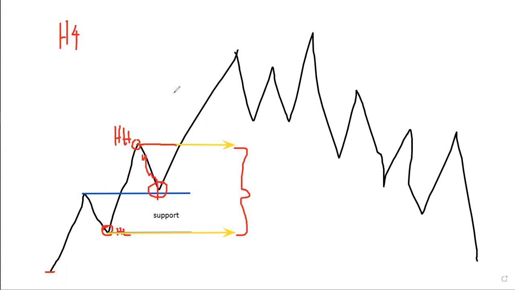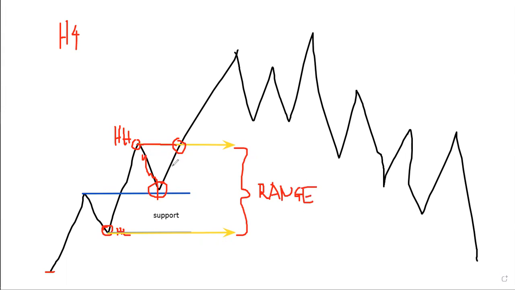You can't guarantee that it's going to break the high and continue bullish, but there's a very high probability that price is going to make it back to that previous high. Okay, so this is a bullish scenario, and this in here is your range.